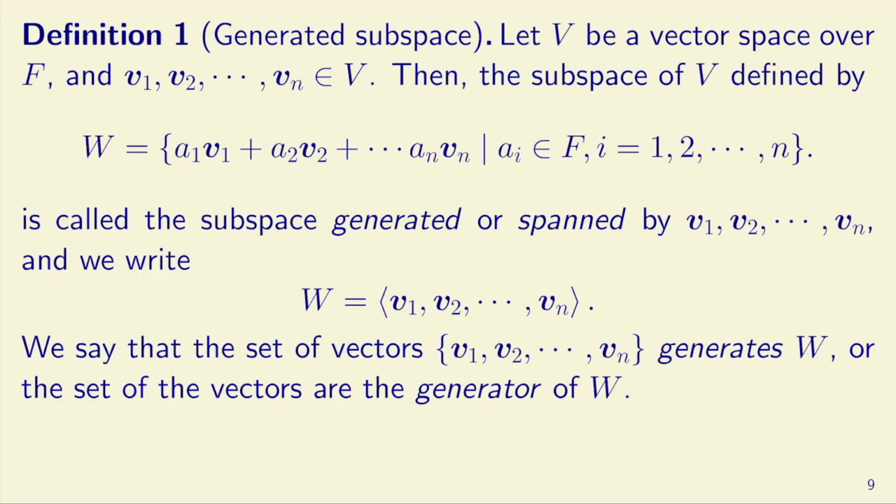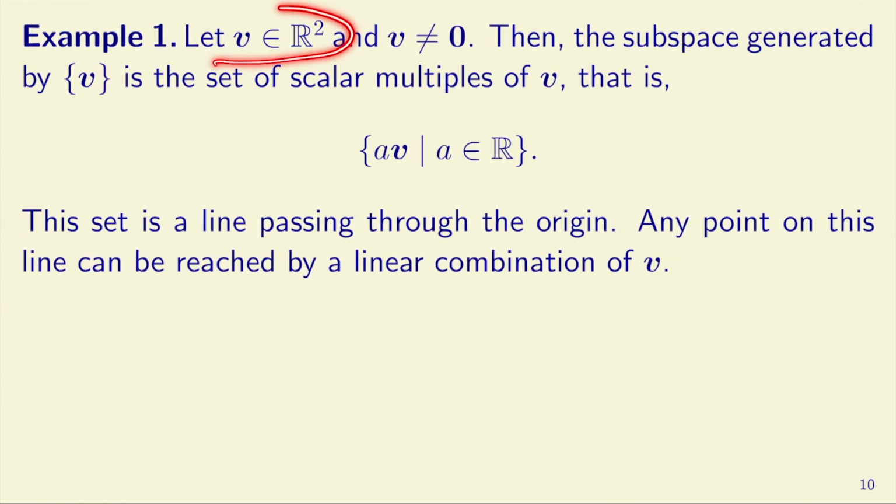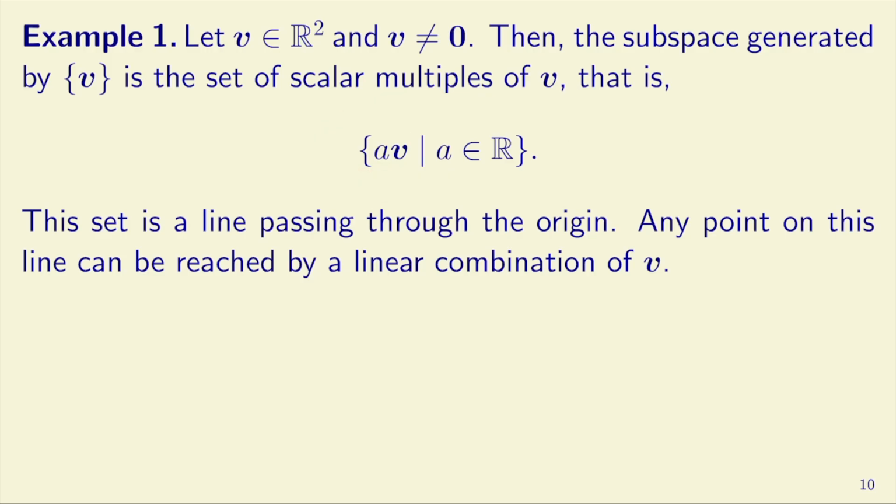It's essentially the reach of those vectors. For instance, if you have a non-zero vector in R2, the two-dimensional space, it will span a line. Any point on that line can be reached by a linear combination of that vector.